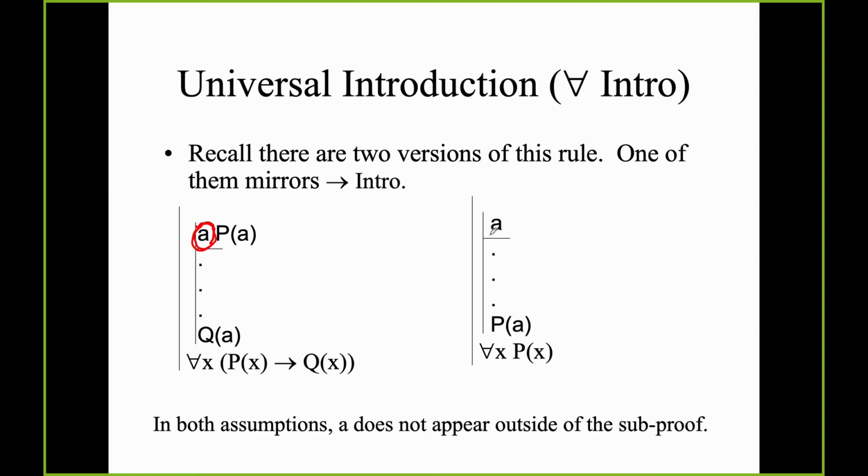But let me move over now to this other version of the rule. This arbitrarily named individual A, notice, doesn't have a property attached. But let's talk about how this works.